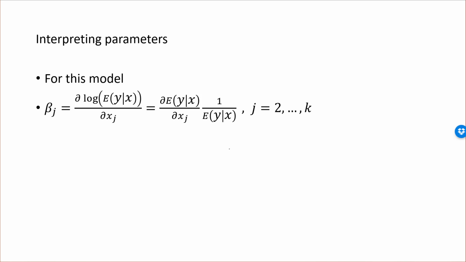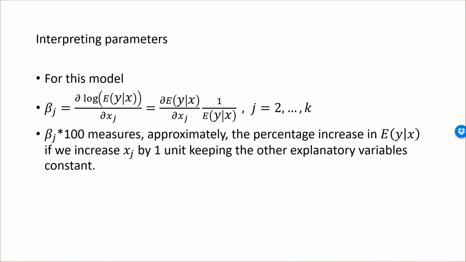To get the correct interpretation of beta j, you take the estimated value bj multiplied by 100. If that comes out to be, say, 3, then you can conclude that an increase in x by 1 unit increases y by 3%. So we have this multiplied by 100, and we have the percentage increase in the expected y if we increase this particular x variable by 1 unit while keeping the other explanatory variables constant.